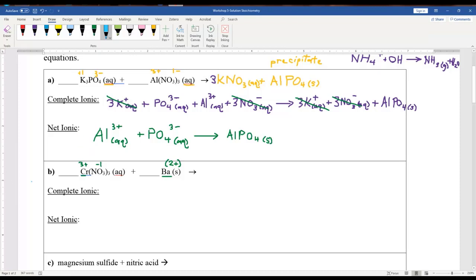Chromium gets the boot, and barium goes in its place. So, that being the case, we're going to have barium nitrate, and what's the formula going to be?